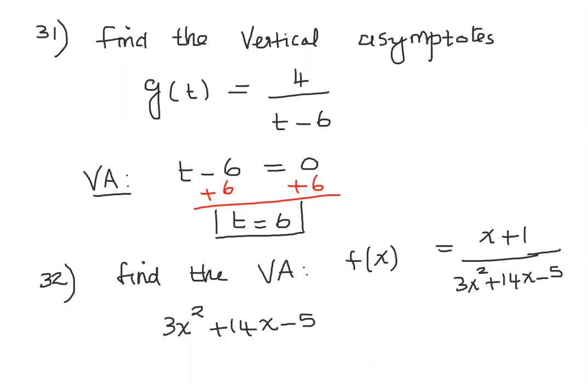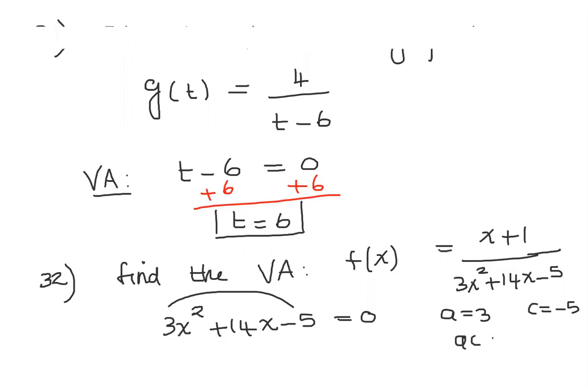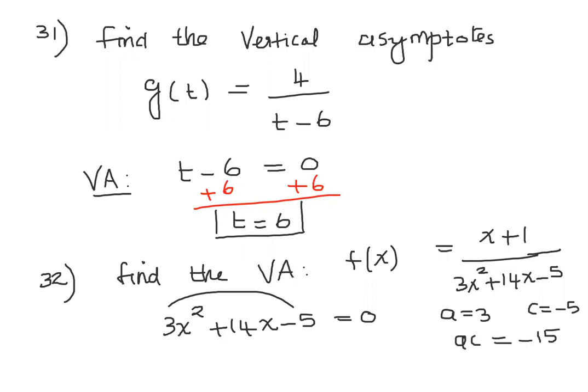We use the AC method because A is 3 and C is -5, and when you multiply, we get -15. You have to find factors of -15 that add up to 14, which is B. Those two numbers are 15 and -1. So I'm going to split the 14x into 15x minus 1x minus 5 equal to 0.